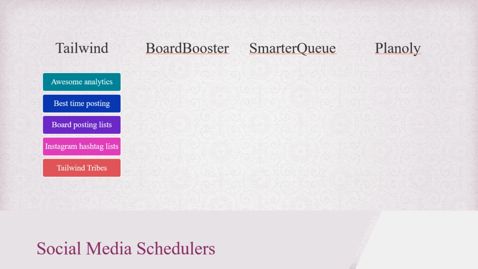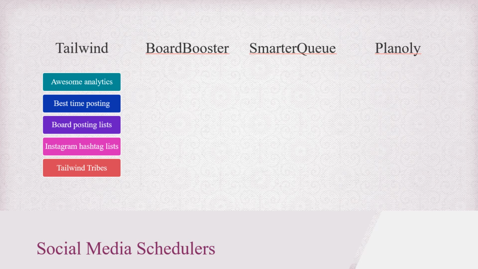I don't know the exact algorithm, but they are able to define when would be the best time to post, and it gives you time slots to post in, so that's nice. It also has board posting lists, which means you can make a list of different boards you want to post to, and when you're scheduling a pin into Tailwind, all you have to do is select that list and it will schedule them all automatically.